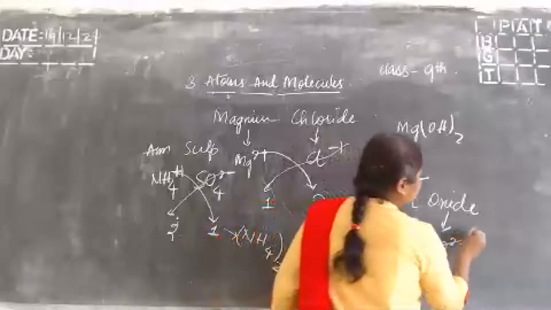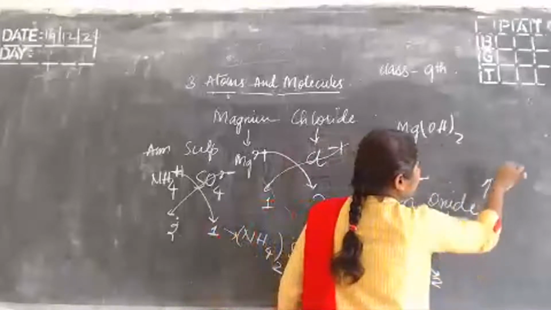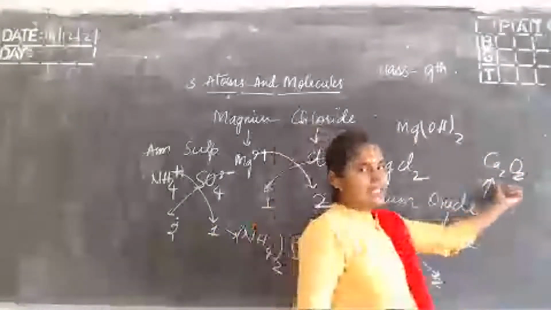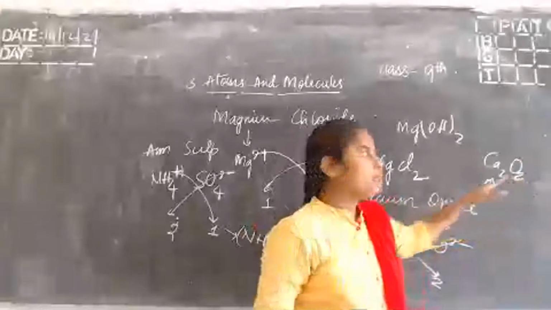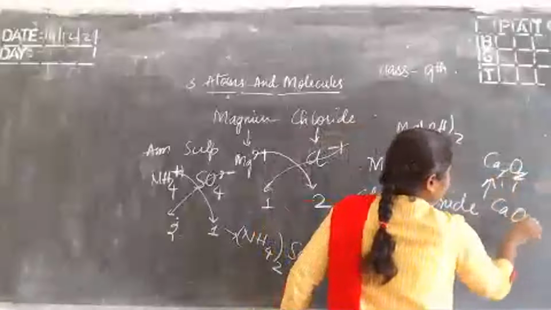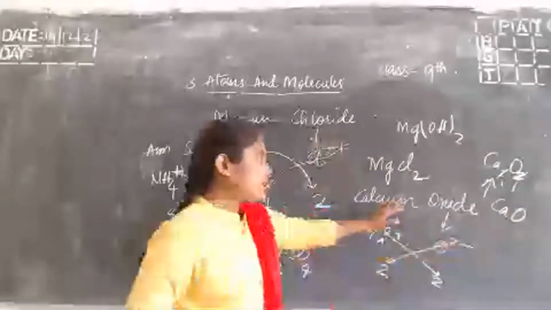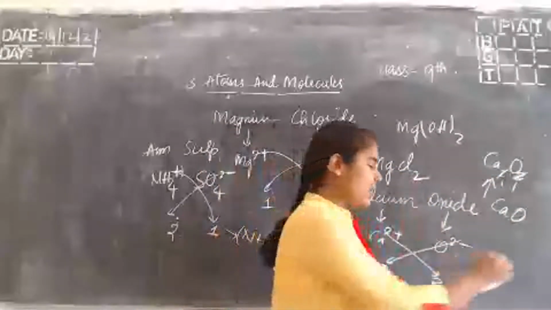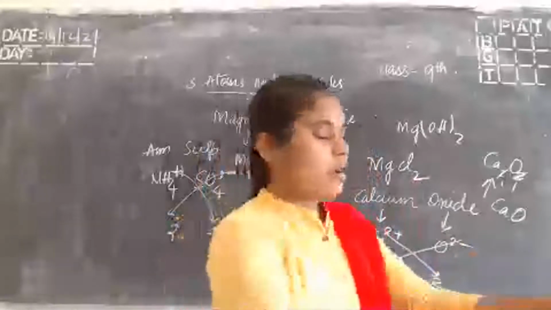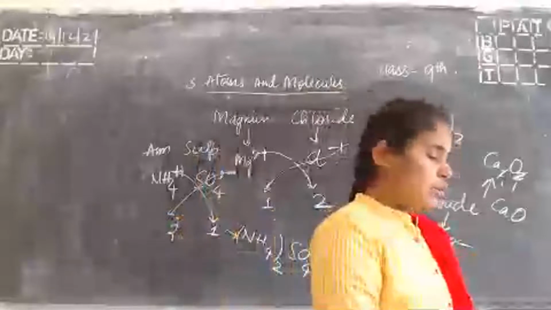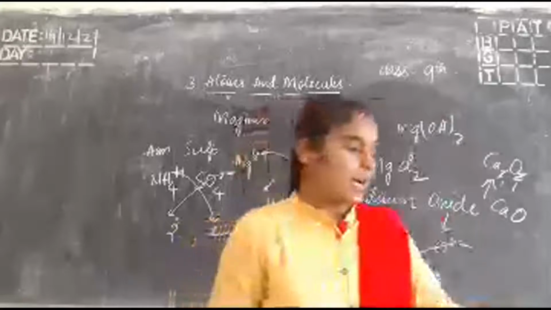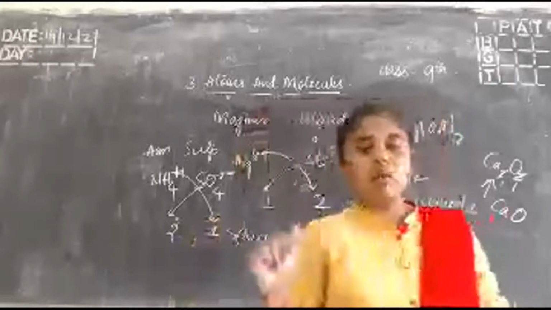So I write it here as Ca2O2. It has the same divisibility, so it can be written in simplest form. If we divide both, we write simply CaO, that is calcium oxide. So these were the methods to write the chemical formula of any compound. Are you clear with writing the chemical formula? Now we will see what molecular mass is.